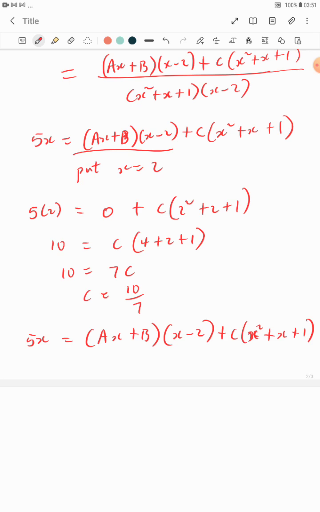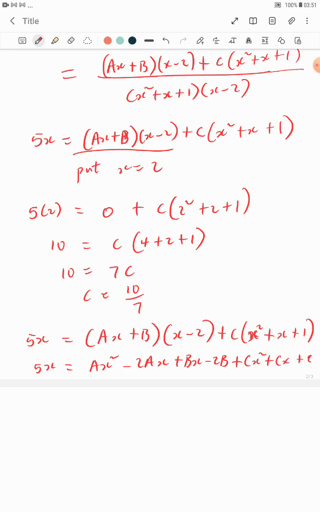So let's do our longer expansion. That will give us 5x equals, so this will be ax squared minus 2ax plus bx minus 2b plus cx squared plus cx plus c.